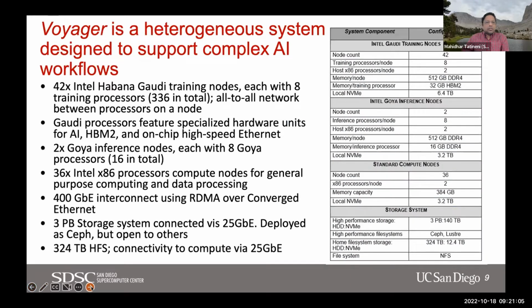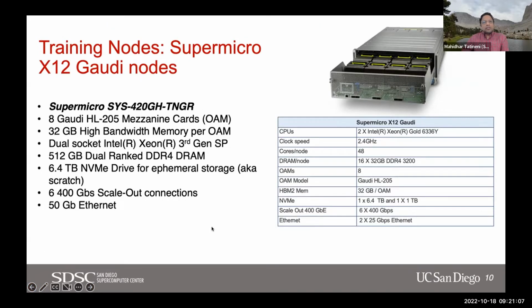So let me go to the training nodes. This is a little bit more detail on the training nodes. These are Supermicro integrated Gaudi nodes. There are 8 Gaudi HL-205 mezzanine cards and 32 gigabytes of high bandwidth memory on each of these cards.